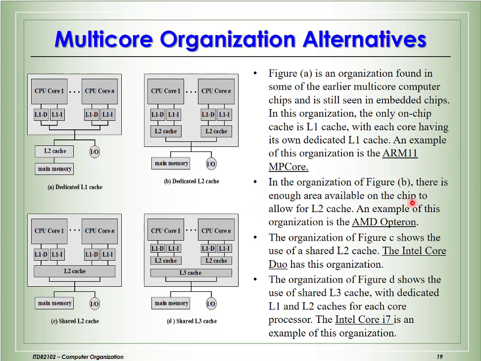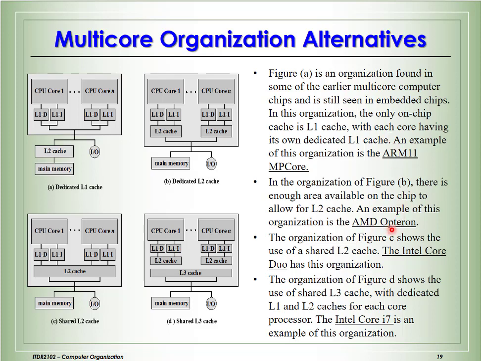Then you see the second one, which is dedicated L2. Here you can see that there is a main memory, and then L2 is dedicated to each core, along with L1.